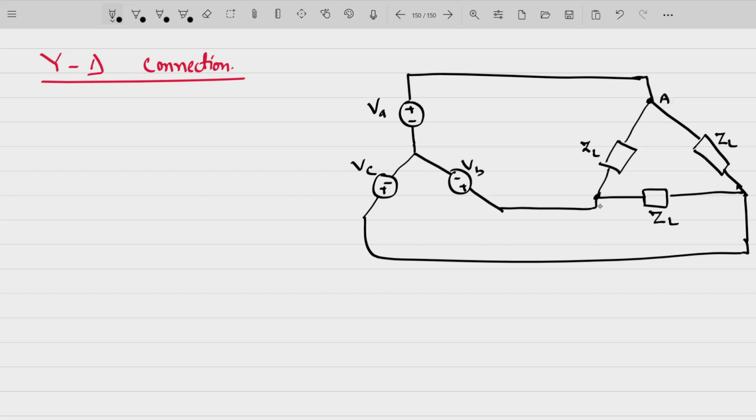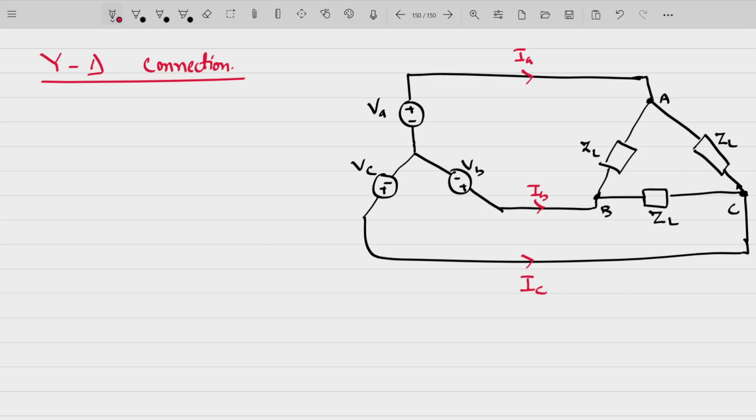Let us just mark these points A, B, C. Now from here some current is flowing, that is IA. IA is the current flowing in this path. IB is the current flowing in this path. IC is the current flowing in this path.